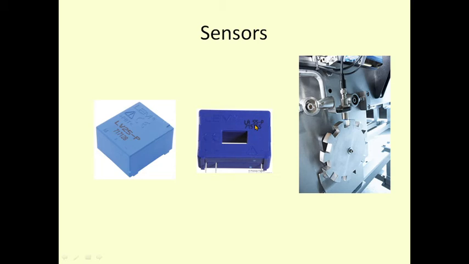Special circuits are there. If there will be time, then I will show you the circuits later on in the course. So we are having this LA55 current sensor that can sense up to 55 amperes of current. Here we are having LV25, so we can measure large voltages and large currents using these sensors.